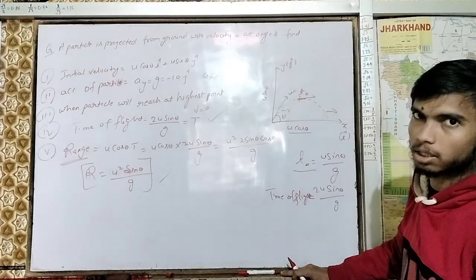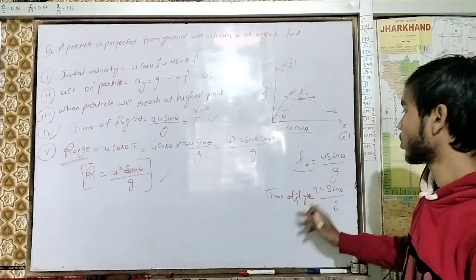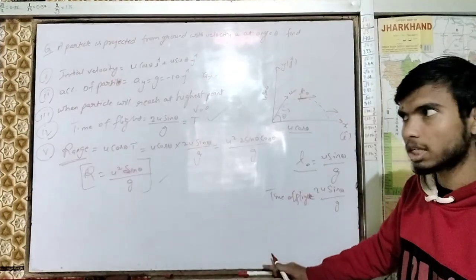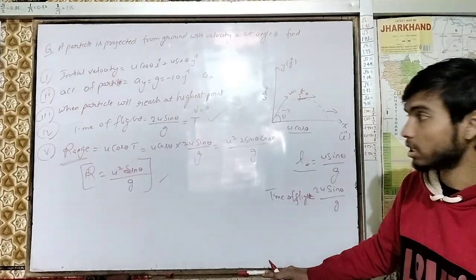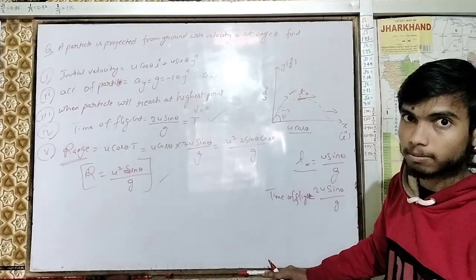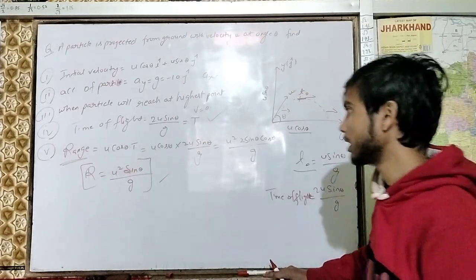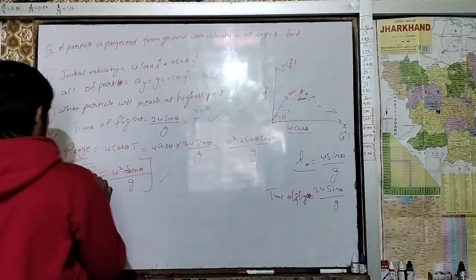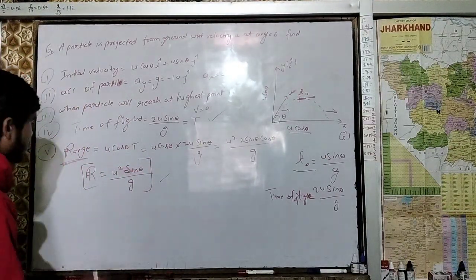For time of flight, this u becomes double, 2u. This is the equation for calculating the range.